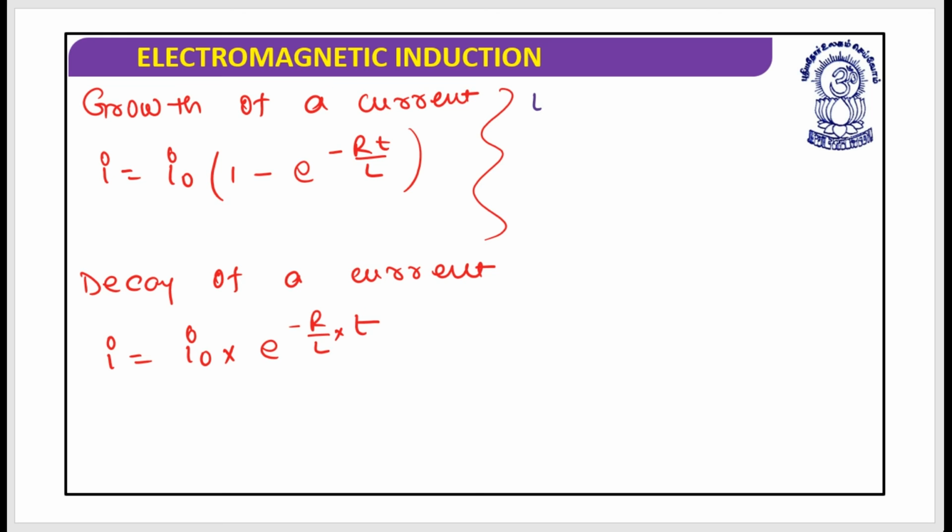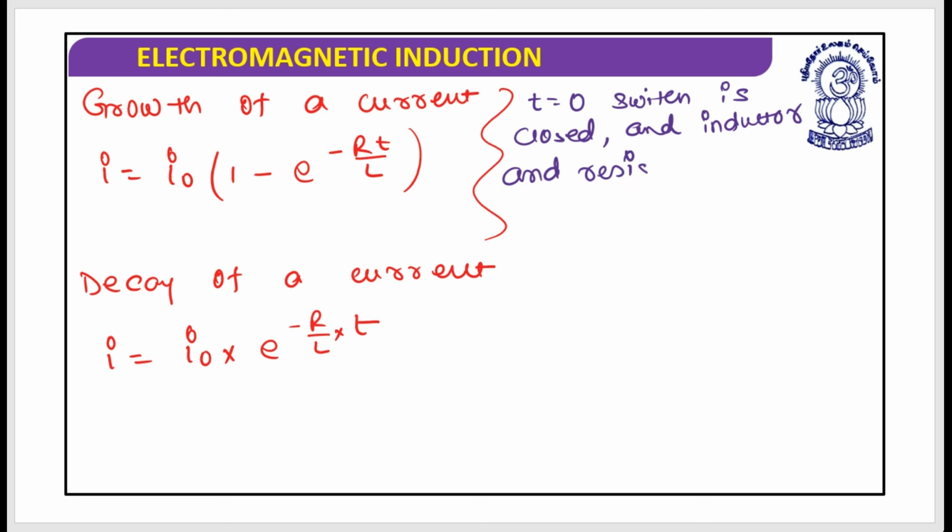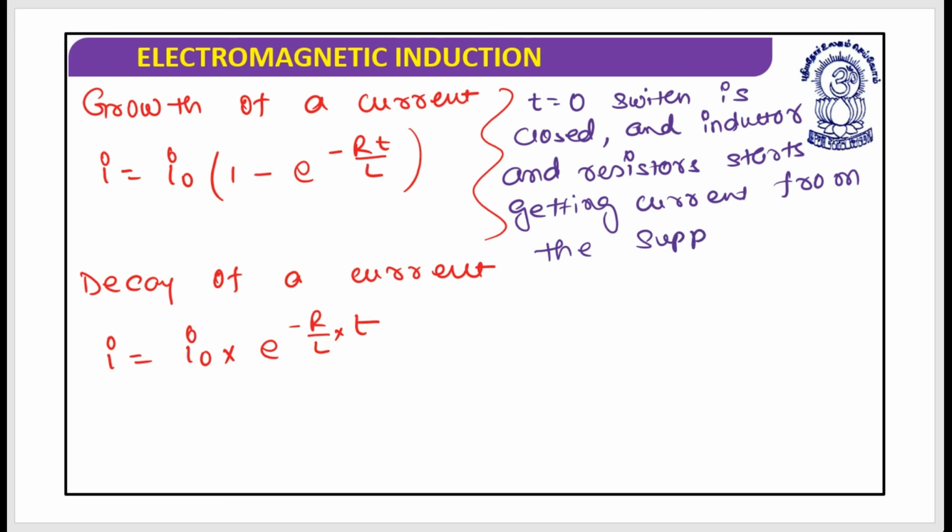So if they said that at t is equals to 0 the switch is closed, and we say that suppose inductor and resistor start getting current from the supply, then it's growth of a current.